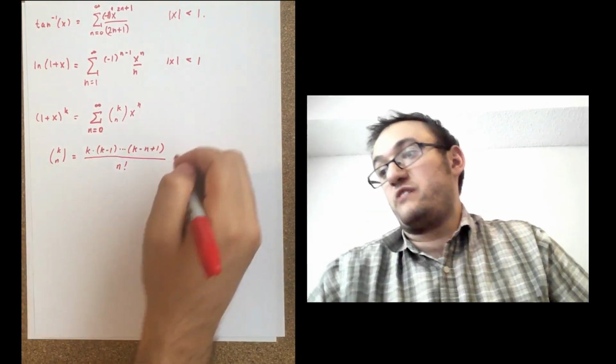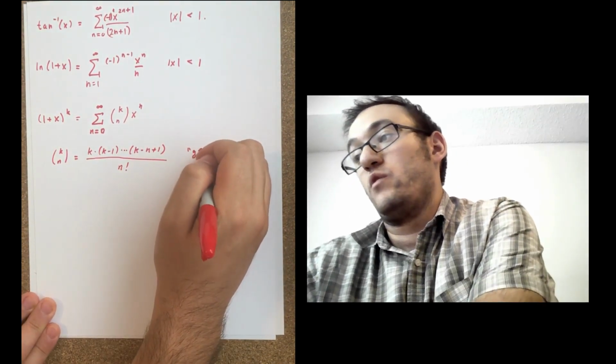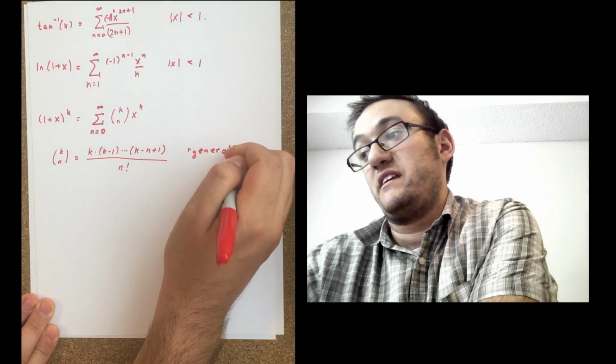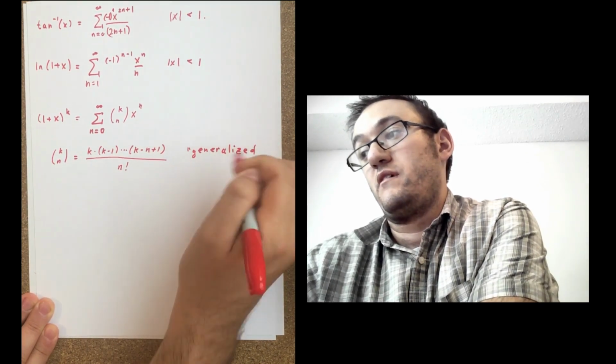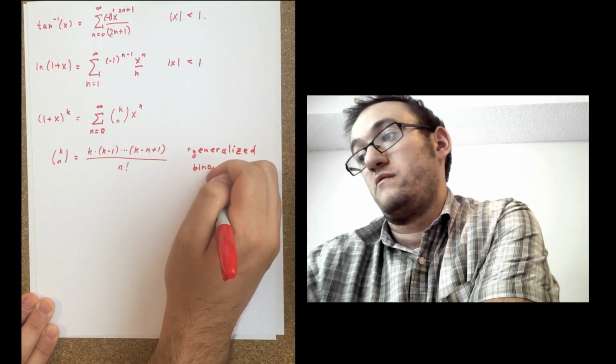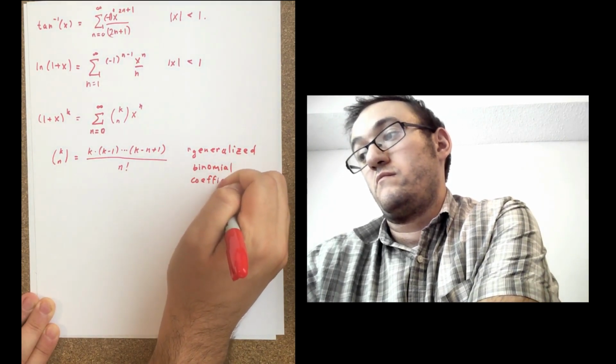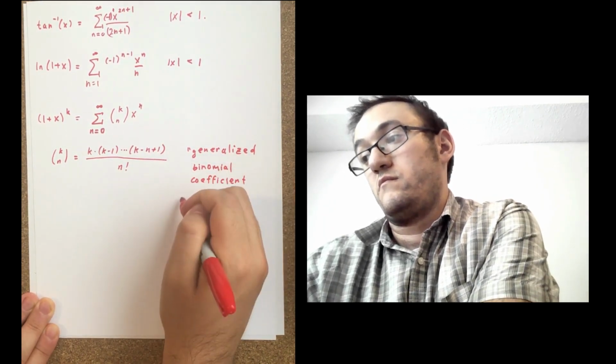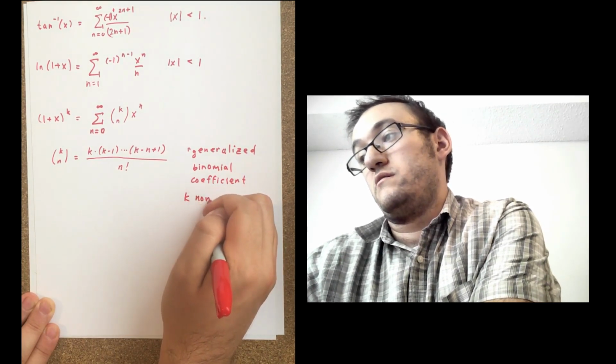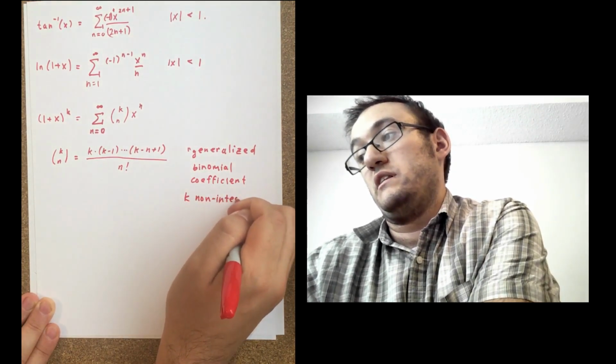Okay, that's the generalized binomial coefficient. It works even if k is not an integer. Non-integer k is allowed.